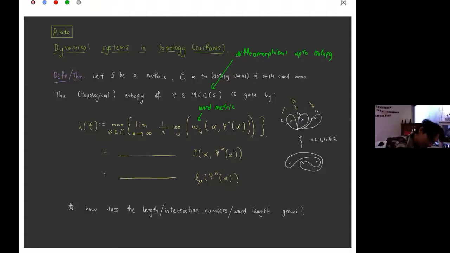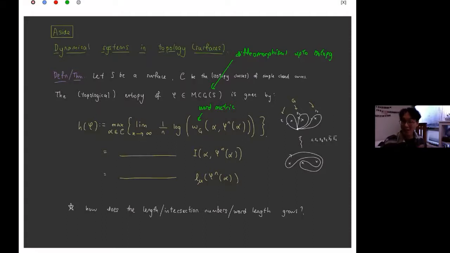So in particular, for this example here, you can rewrite it so that it looks like this. And the word metric with respect to this generating set G is just given by the minimum length of such objects. Okay, and so this is one way to compute it.